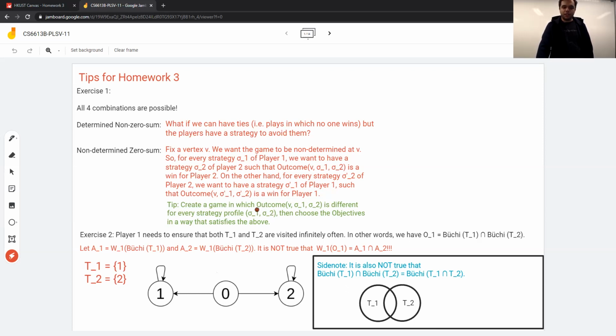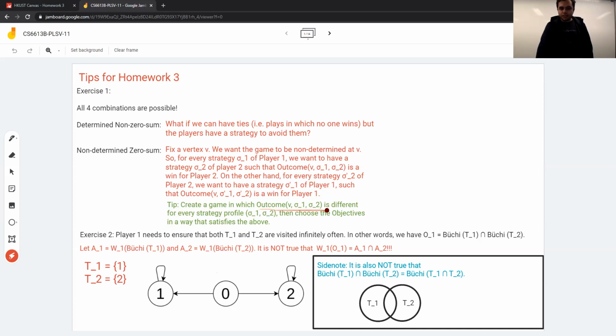So I want this function, outcome of V, sigma 1, sigma 2, to basically be 1-to-1, right? So whenever one of the players or both of them even make the smallest change in their strategy, we want the outcome to be different. It's actually not hard to come up with games that are like this, but just try working on that.